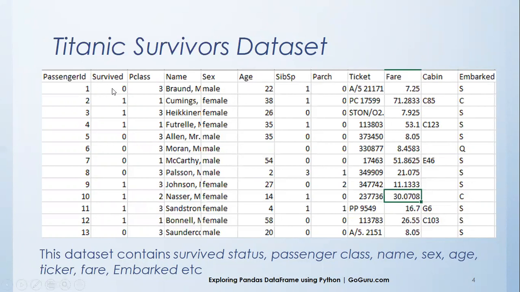The 0 says, unfortunately, the passenger did not survive, and 1 says the passenger survived. And then there is a ticket number, and then the fare details. We'll not be using every single field for all different operations, but we'll be running through a majority of them to see how we can manipulate integer data, float data, string data, and things like that.